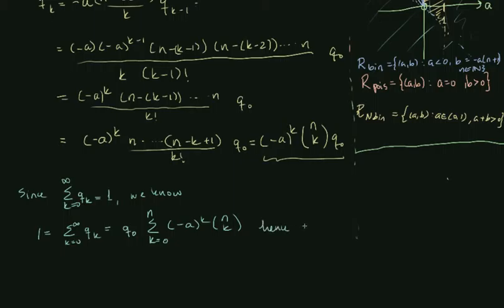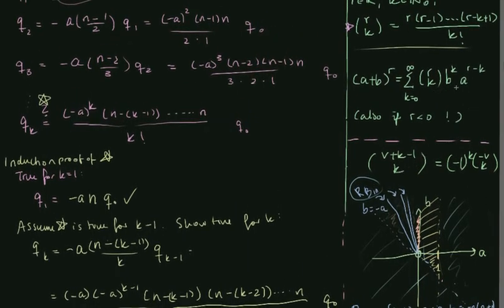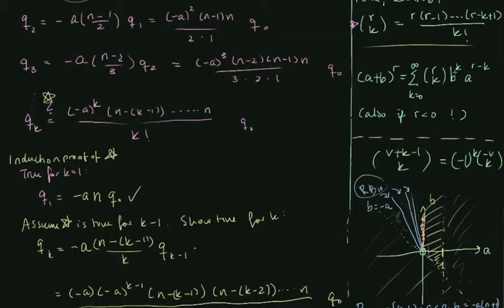Hence, q0 must be equal to whatever this sum is equal to, to the minus first. Now, recall the binomial theorem that we have from up here. The binomial theorem says that if we have some kind of sum involving a binomial coefficient, then we can write it as a polynomial of some kind.